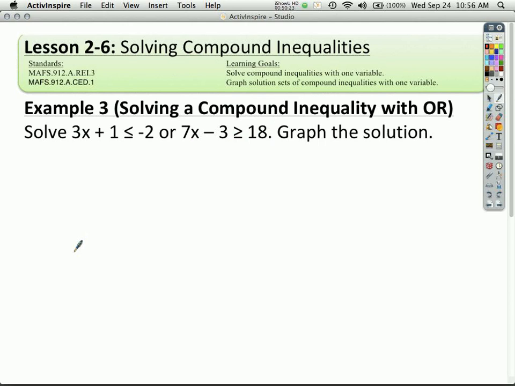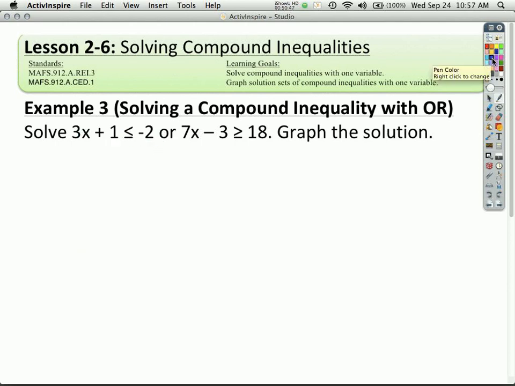Now, to solve an and inequality, you needed to take your skills and just modify it a tiny bit. In this case, we don't have to modify anything. Even though that's one big compound inequality, you actually solve them separately and put the word or in between them. So we will solve this.